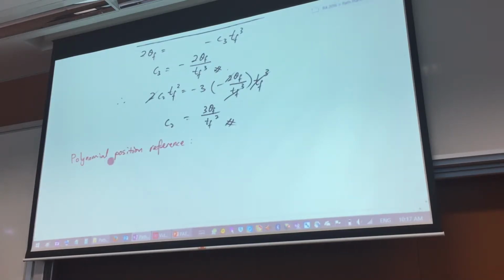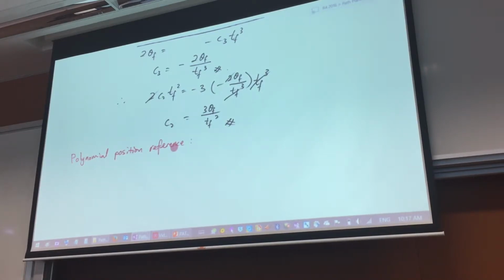Solve for the polynomial position reference, and students who were looking just at the notes, it's not written in your notes. So they were left wondering, what is polynomial position reference? And some students raised their hand and asked me, because I'll be there with you during the exam. I'll go to them and they ask me what is polynomial position reference, and I'll say, I cannot tell you that.